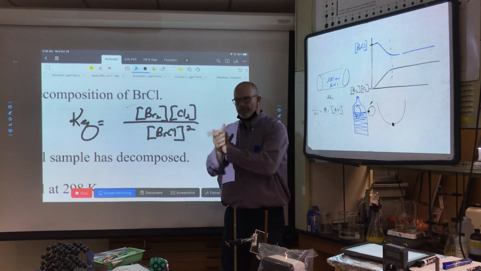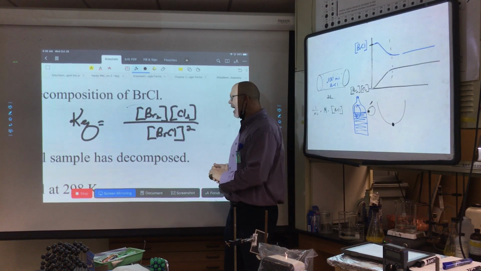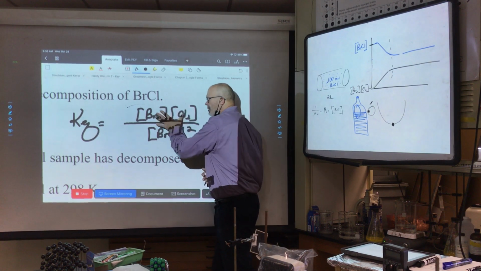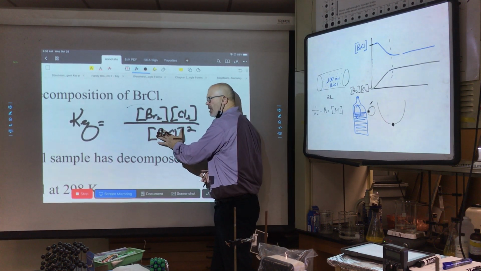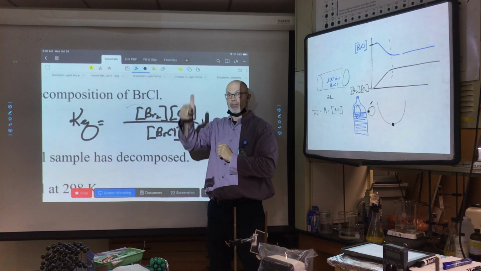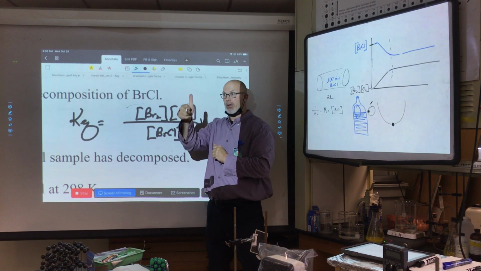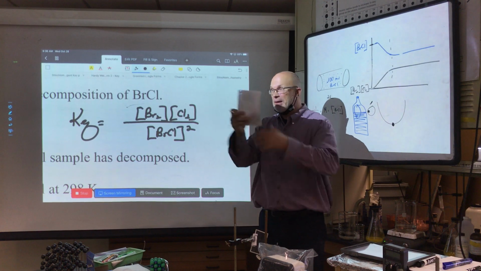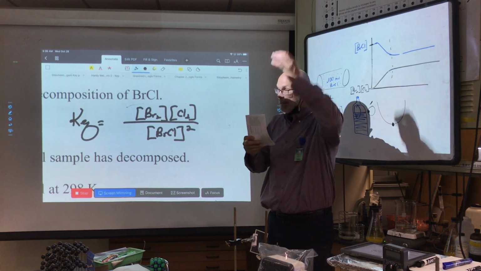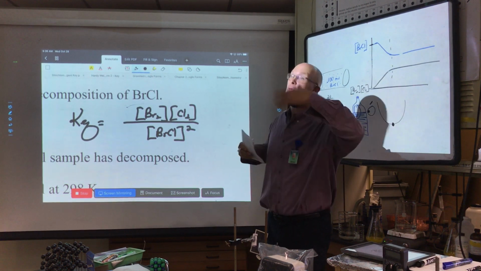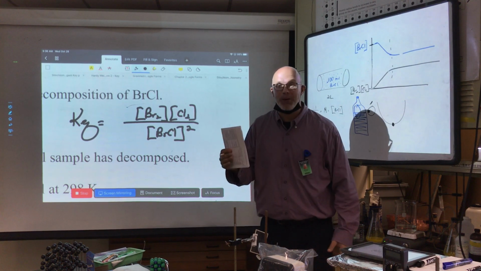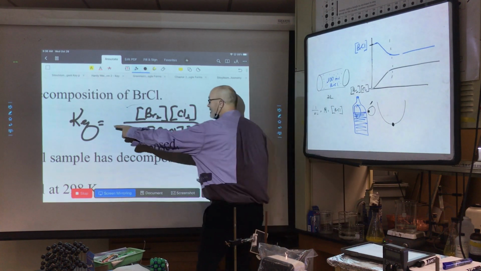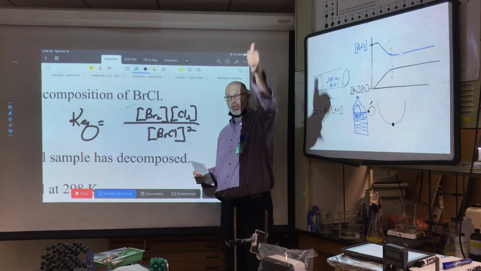Now let's look at this for a second. If I have more products than reactants, isn't this number going to be greater than 1? Absolutely. If I have a completion reaction, like burning a piece of paper, taking the cellulose, the carbon, and reacting it with the oxygen to make CO2 and water, we know that's spontaneous. There's no equilibrium, and therefore this K would be huge.